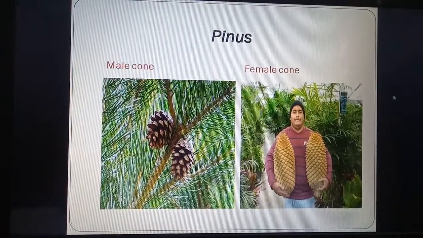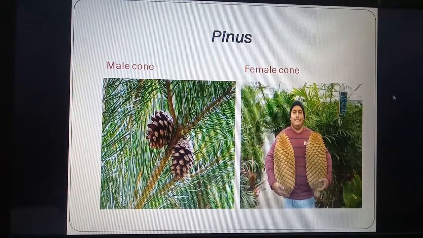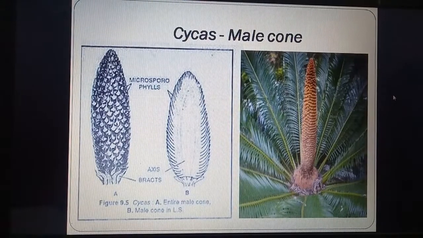Here we can see Pinus. In it the male cone is seen, which is small, and on the right side we can see the female cone, which is very large. Now in Cycas we can see the male cone.